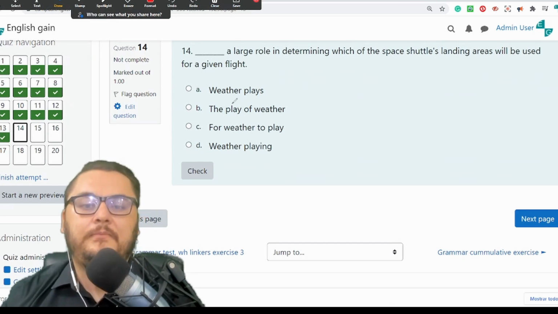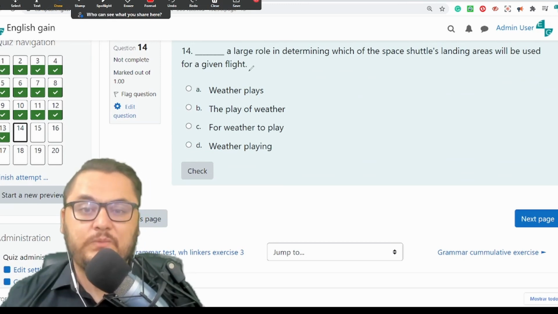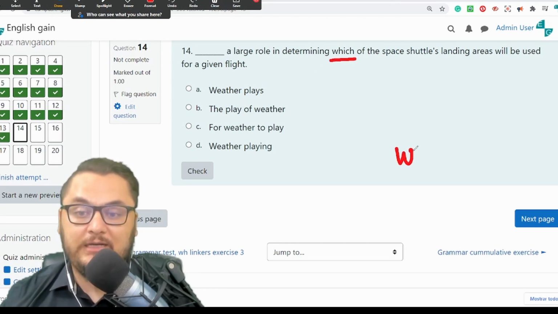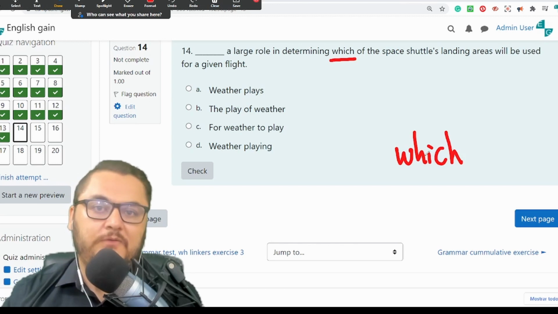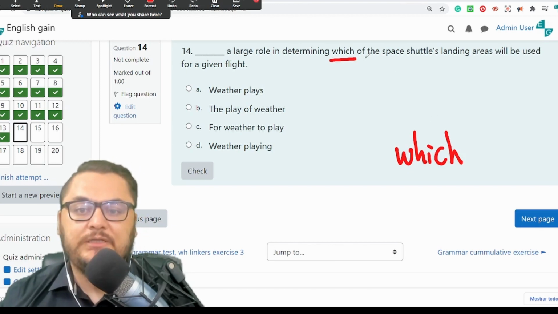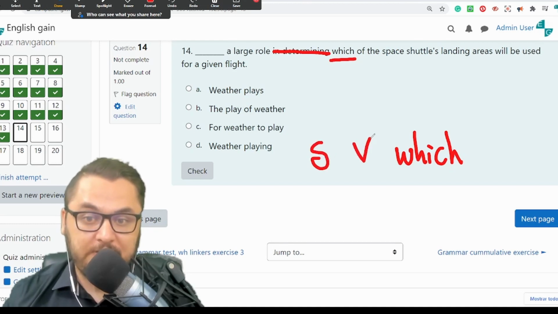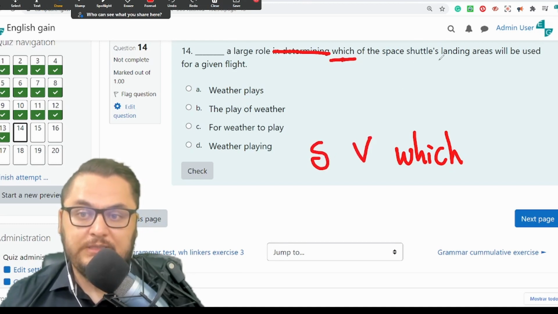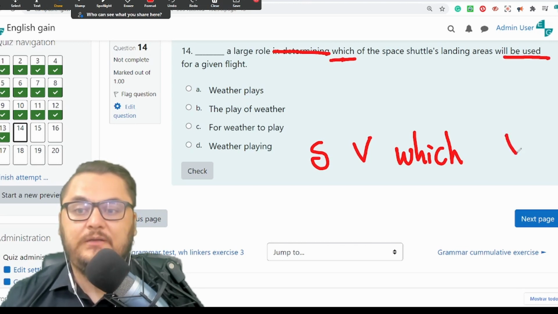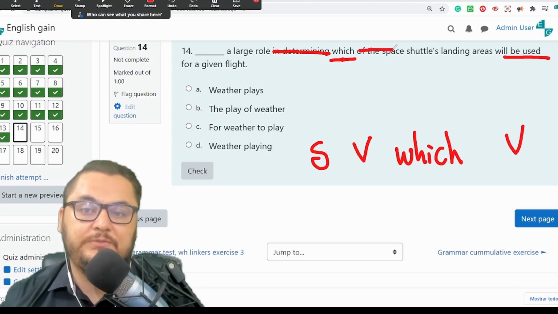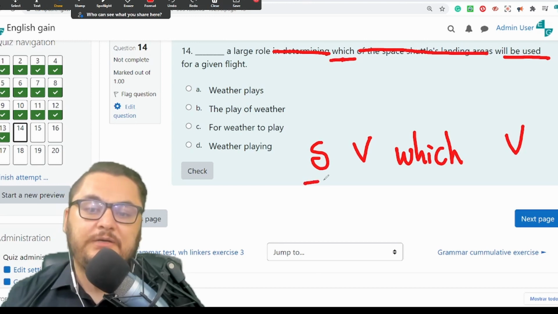And then in this exercise, we notice that which could be the linker I'm looking for. So I go over the rules of the linkers, which. Then I'm going to go before. And this is going to be indeterminate, a preposition. I might need a subject and a verb. Then I have which. And then I have the verb here. Understanding, I could eliminate with this preposition. So subject, verb, which, verb? Subject, verb.